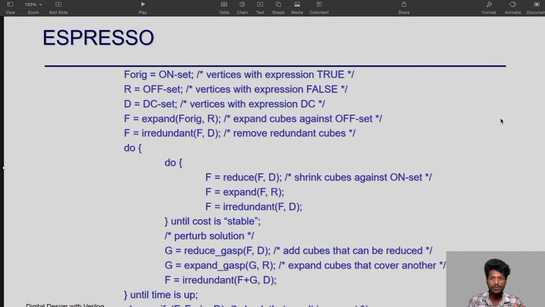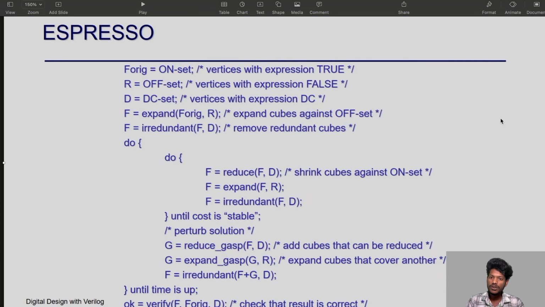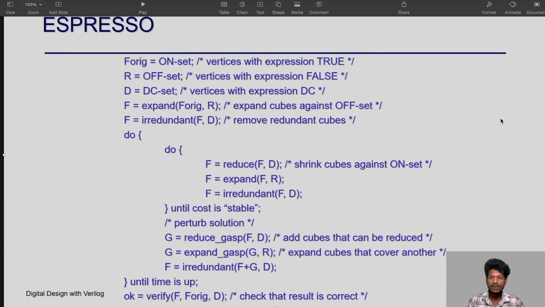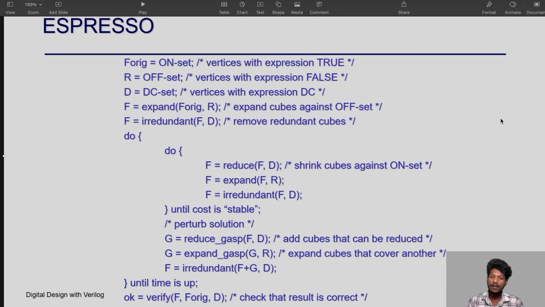That's the given expression, and we put it in the original function. And coming to the offset, we put the zero values in R, the offset. And in the DC set we have the don't care expressions. These are the three sets.